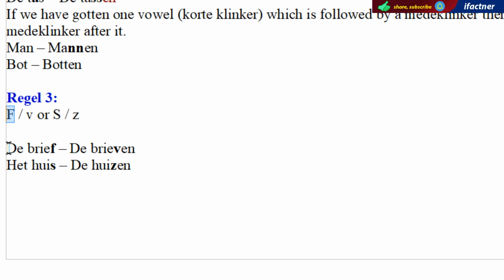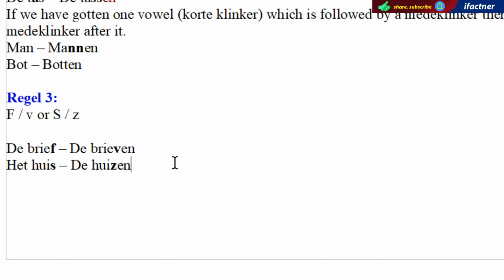So brief ends with F, and according to rule number 3, if we have got F at the end of the word, then we have to change it into V. Brief is a letter. So brief becomes brieven. Huis becomes huizen. S changes into Z. S changes into Z. Huis becomes huizen.